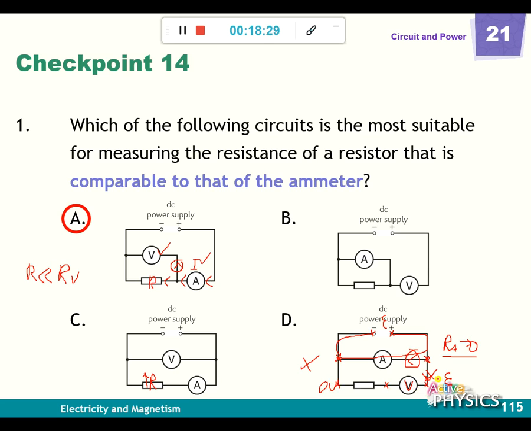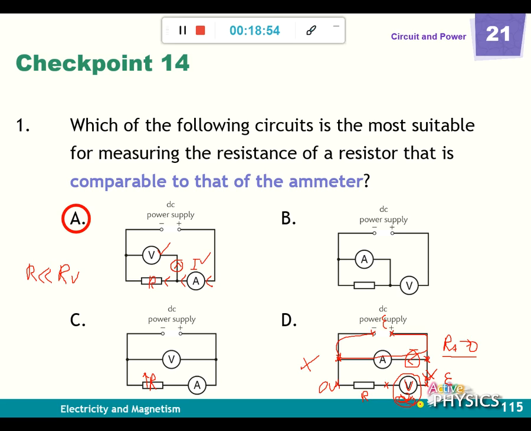But no. Because this one, in the ideal case, should be infinity. Very large resistance. And how about this? I don't know. But you can compare it. This one is infinite. This one is only R. Then by division of voltage, you can see that most of the voltage will be this portion.